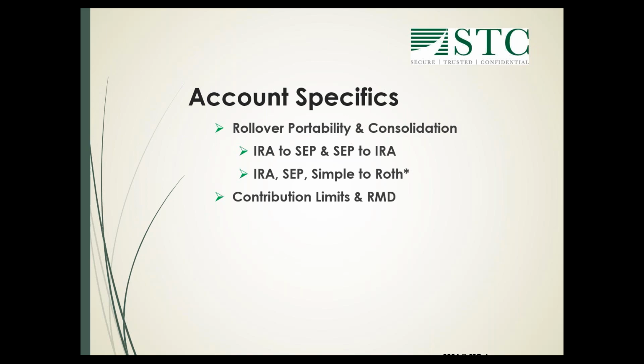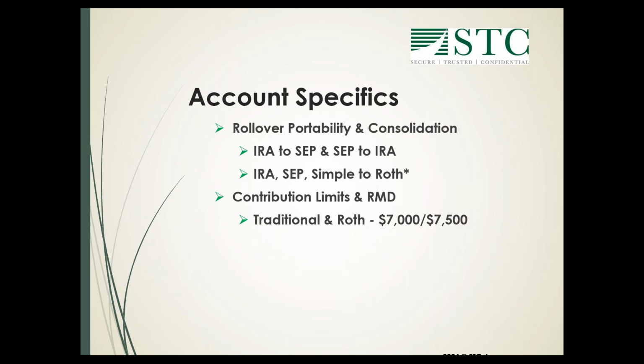Now let's talk a little bit about contribution limits and RMD, which stands for Required Minimum Distributions. Now, I have updated these numbers for 2024. So for earnings in 2024, so if you are making a contribution for tax year 2023, these are not the correct numbers. You will need to check with your tax advisors. These have been updated for tax year 2024.